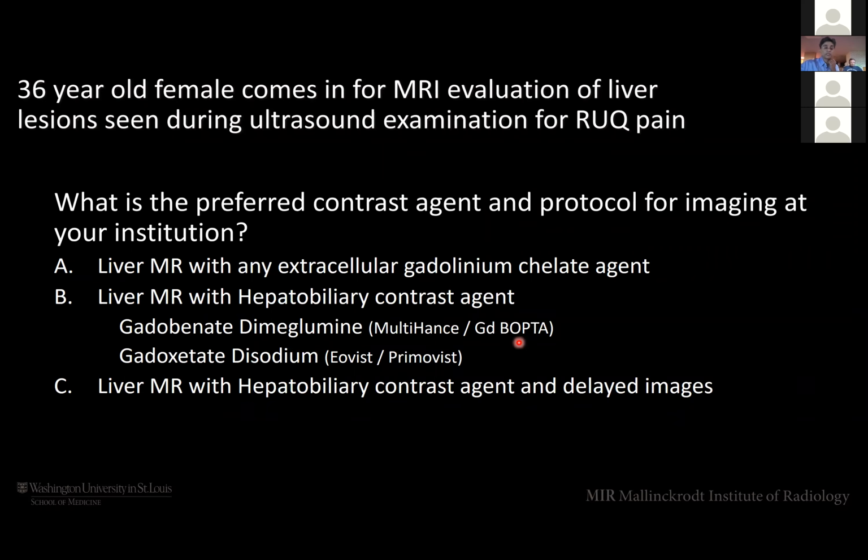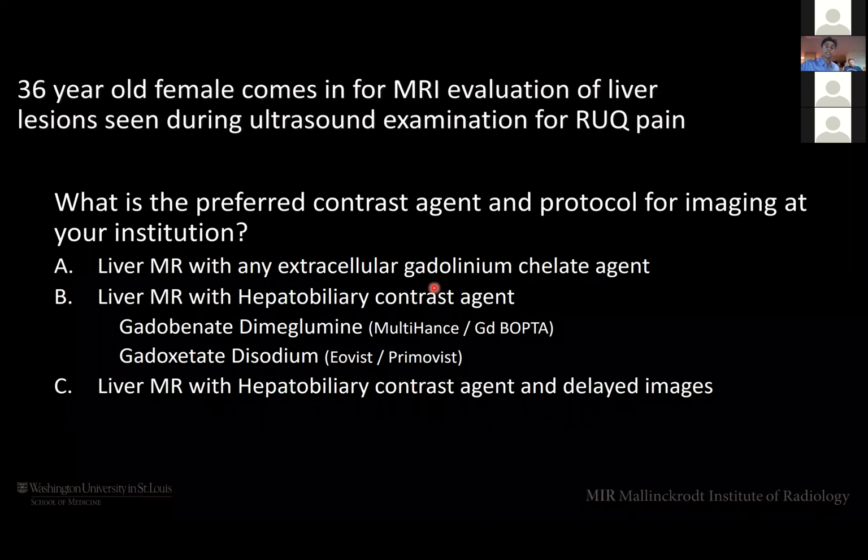So obviously, the answer should be either A or C. You should use an extracellular contrast agent or a hepatobiliary contrast agent. My personal preference when somebody comes in for the first time evaluation of a liver lesion is to start with an extracellular gadolinium contrast agent.